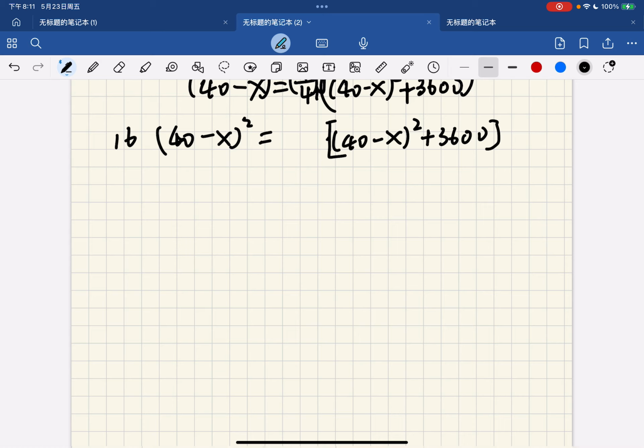And we can notice that both sides have a 40 minus x squared. So this could cancel.